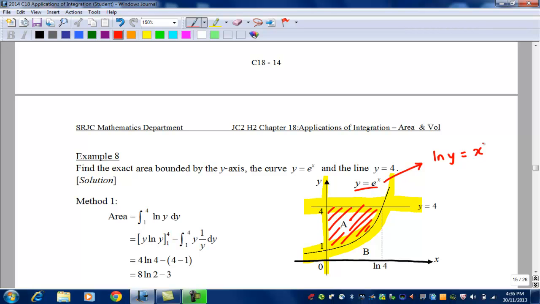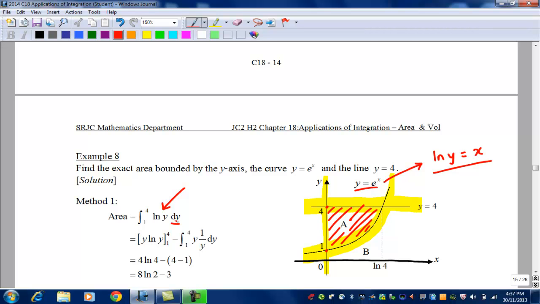So integrating with respect to y, I know that my lower bound is 1, my upper bound is 4, of this particular function y equals e to the power x, but now written as x in terms of y. So I place my ln y here and integrate with respect to y.